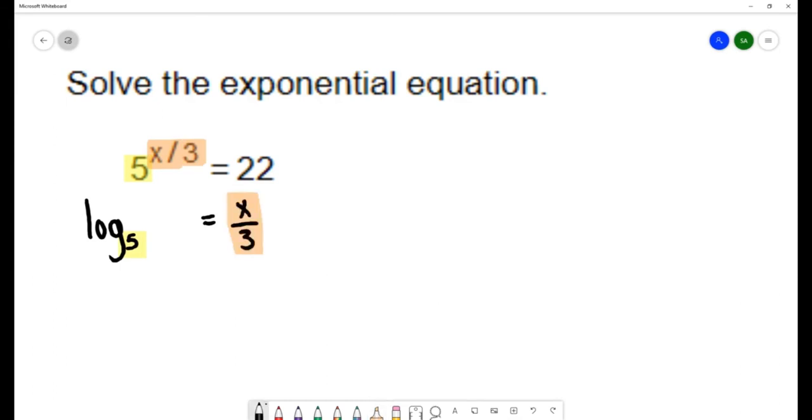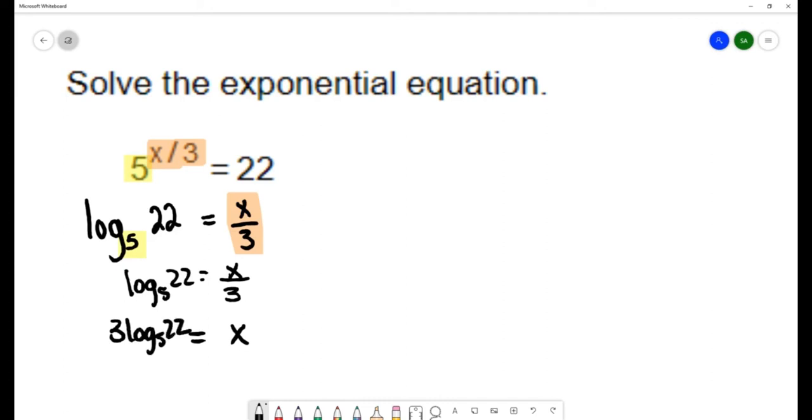And then this 22 is what goes inside the log. So we have log base 5 of 22 equals x over 3, and we can solve this by multiplying by 3 on both sides. So we would have x equals 3 log base 5 of 22. So that's one solution, one way to solve it.